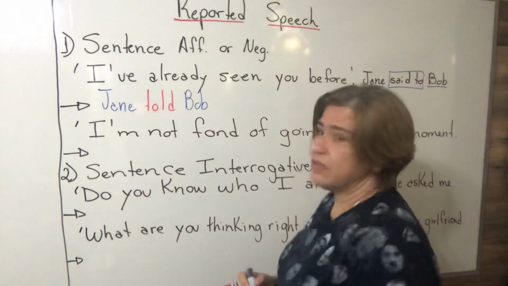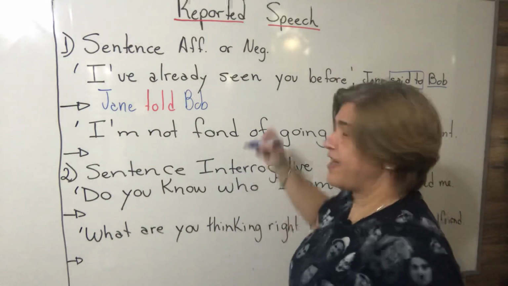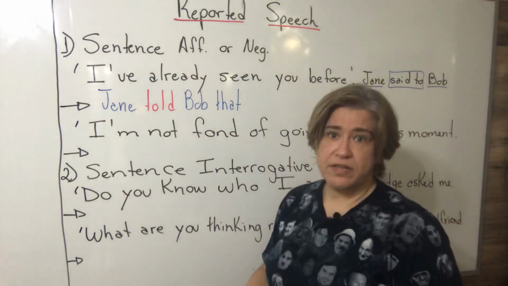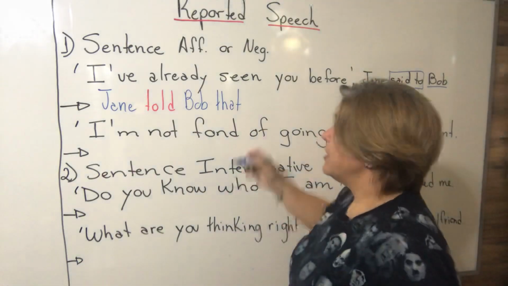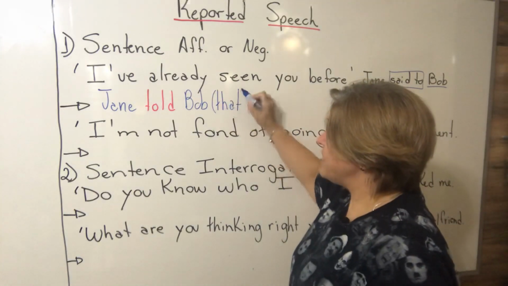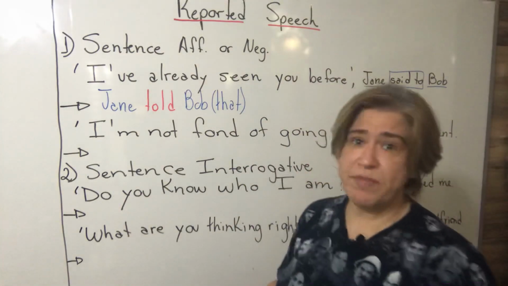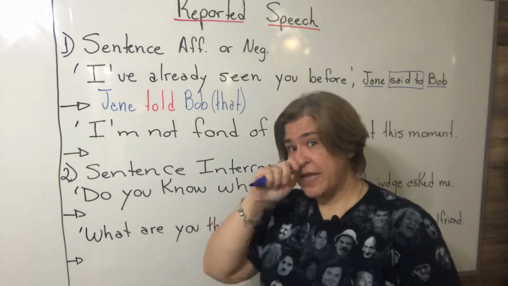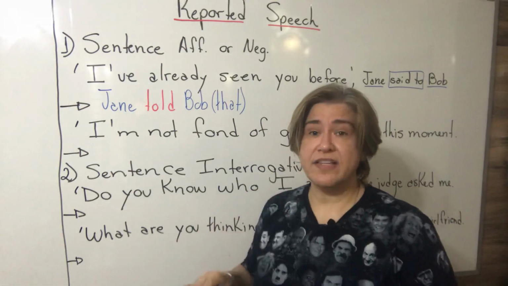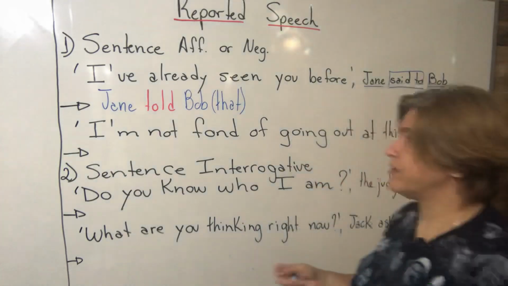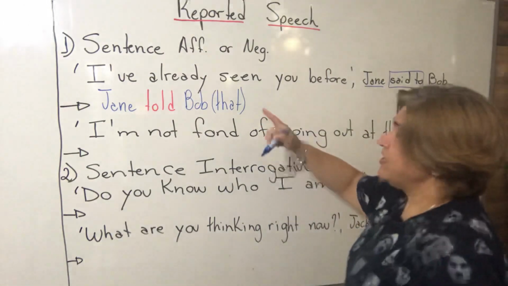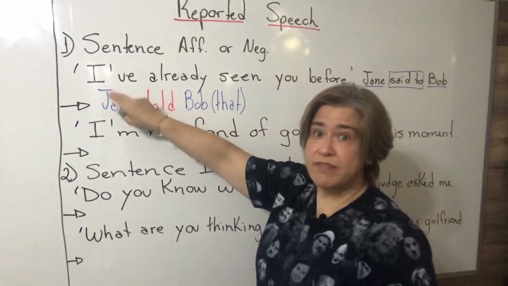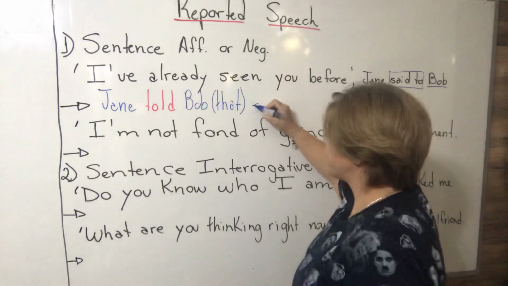Now, Brazilians love to use that to connect sentences, okay? The relative pronoun. The Americans prefer to omit. Omission doesn't mean it's wrong, it just can be omitted. I personally tend to omit. So, Jane told Bob that, and this I here represents Jane, that's she.